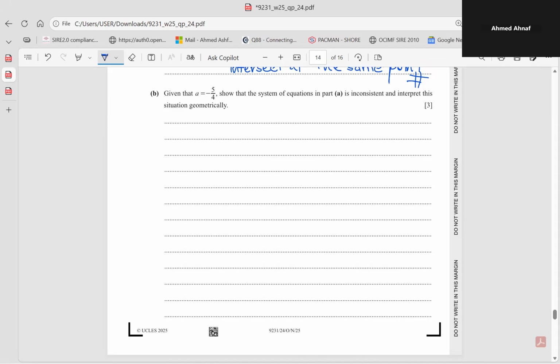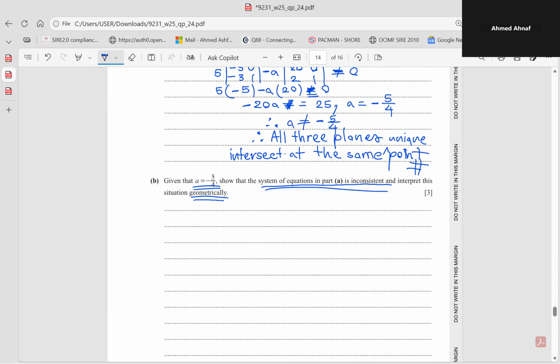Okay, so for this second part, we are told that a is equal to negative 5 over 4, which is the value found in the previous part. We need to show that the system of equations in part A is inconsistent, and give the geometric solution.